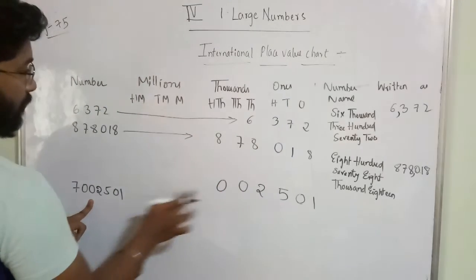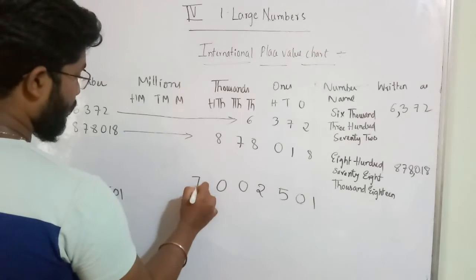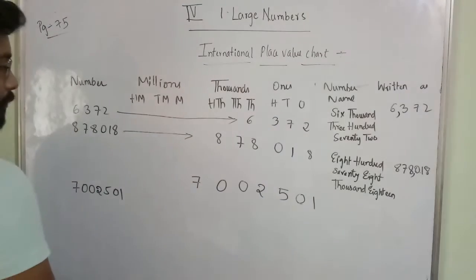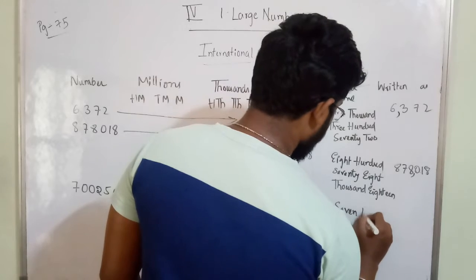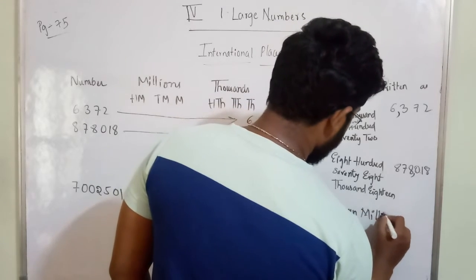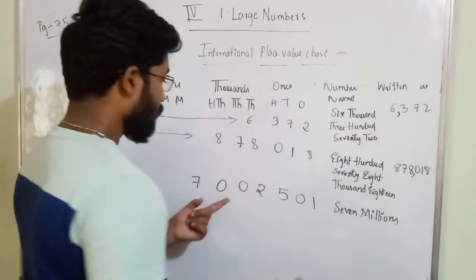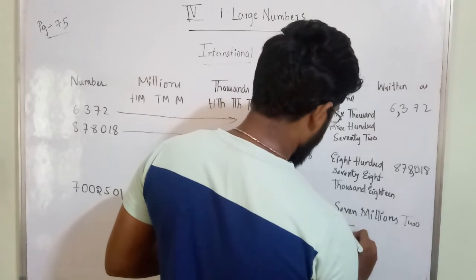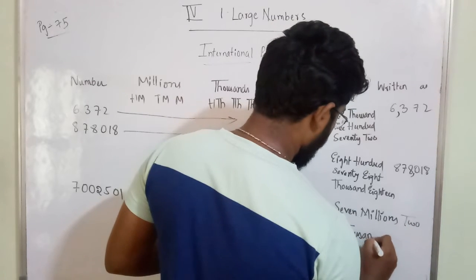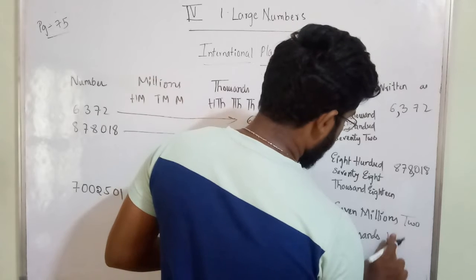After this what will you get? Millions. 7 millions. 2000s. 501.